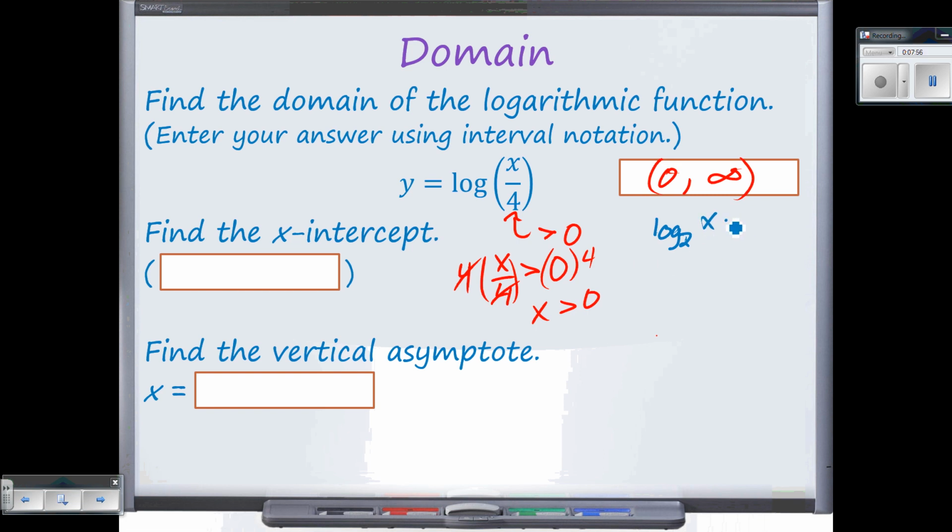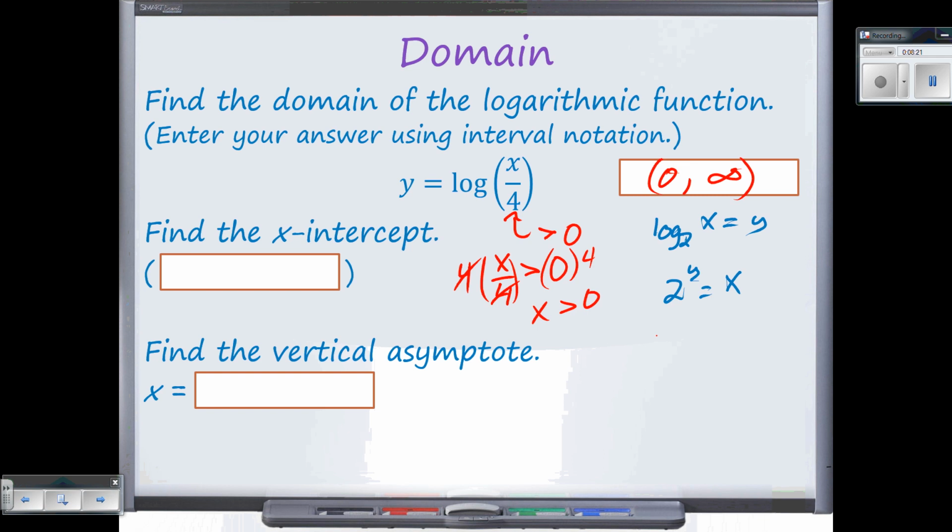What that's saying is that 2 to the y is equal to x. Well, no matter how many times I multiply 2 to itself, I'm never going to get a negative number. I cannot multiply 2 positives and get a negative. It's just never going to happen. So I will never get a negative.